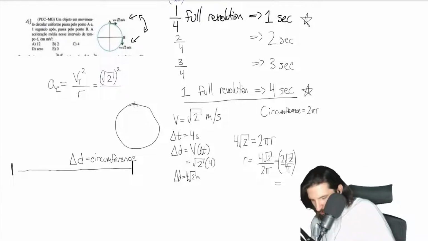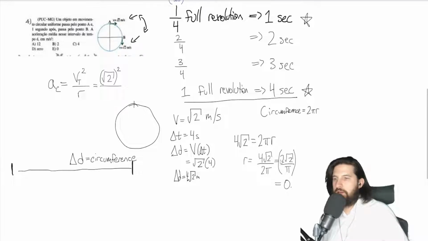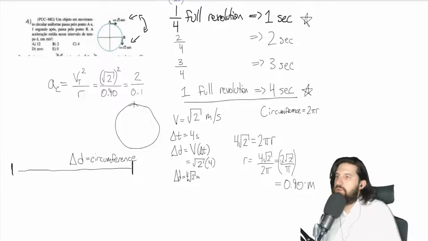So 2 times root 2 divided by the old friend pi is about 0.90 meters. And so 0.90 there. And we get 2 over 0.9, so it should be a little bit bigger than 2.